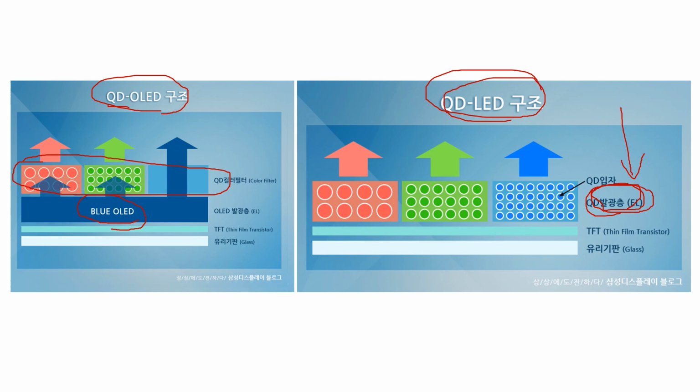So we use the red quantum dot, green quantum dot, and blue quantum dot. These three subpixels constitute one pixel. So that is actually a quantum dot LED. But in the previous structure, quantum dot is used for color filter, and OLED is used as the light emitting layer.